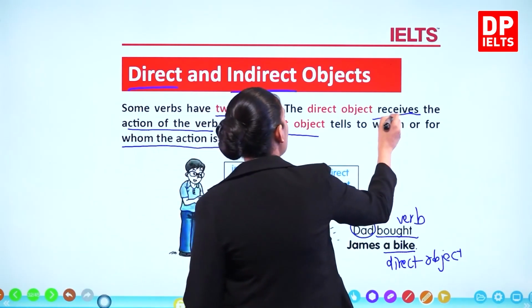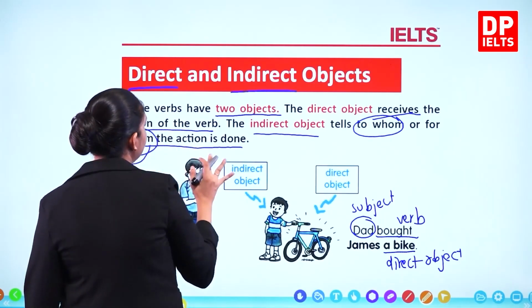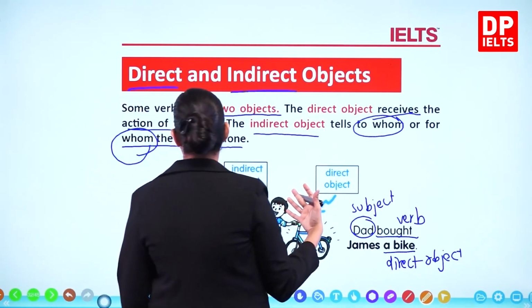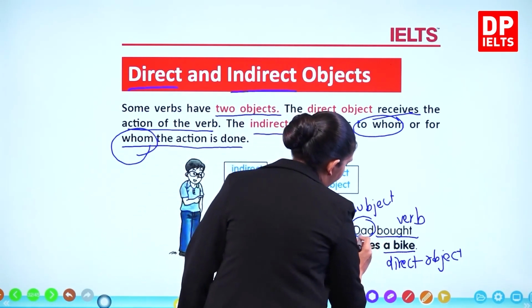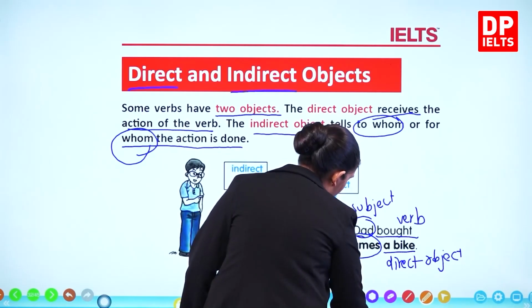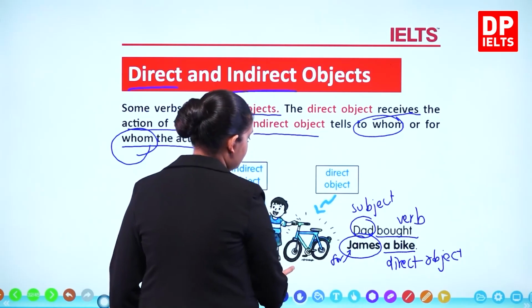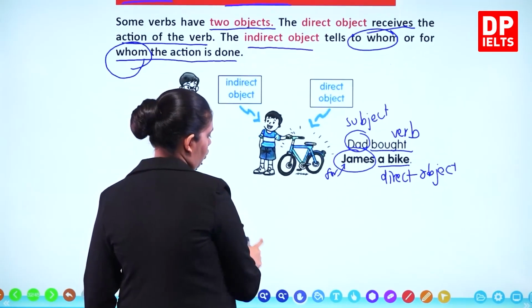Tells to whom or from whom. So if it is an indirect object, it will tell to whom or for whom it is. So for whom did dad buy it? For James. So therefore James becomes the indirect object.